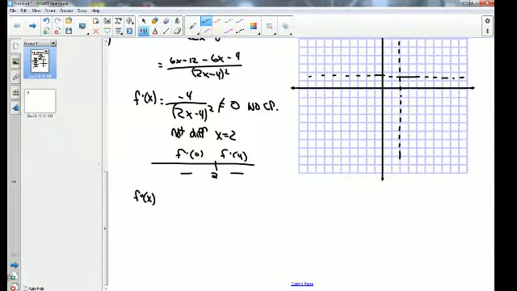Do you want to do the quotient rule again? Not really. I suggest then that we rewrite it with the negative exponent. Am I going too fast? Okay, I will stop for a minute to let you catch up.